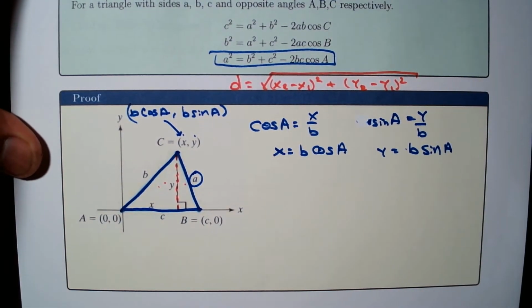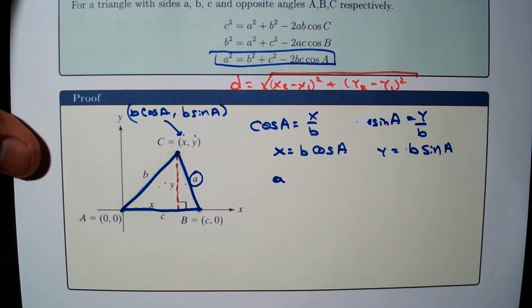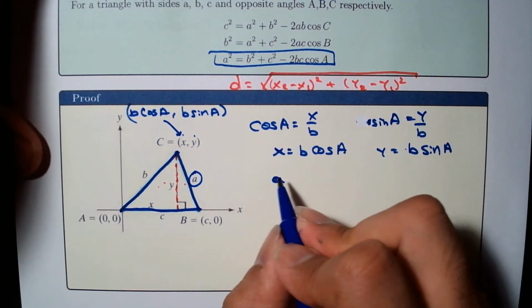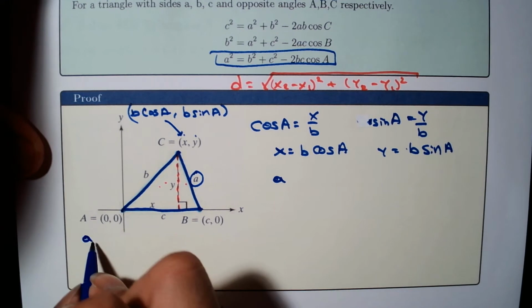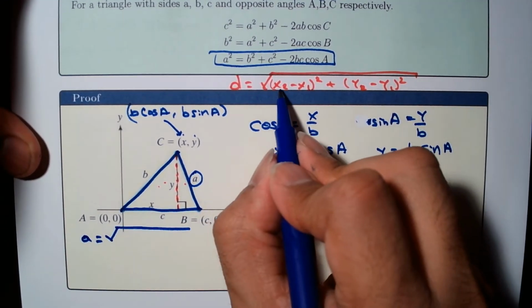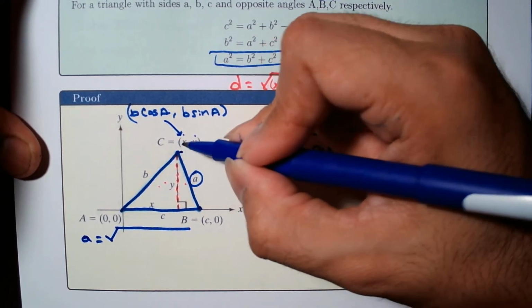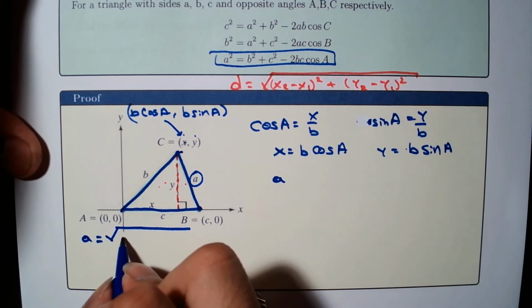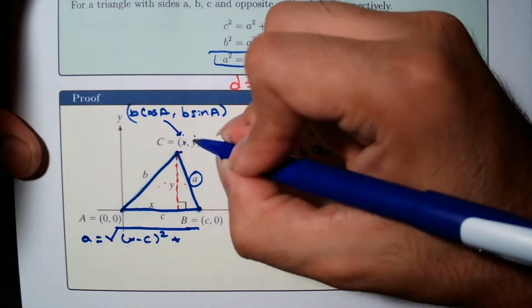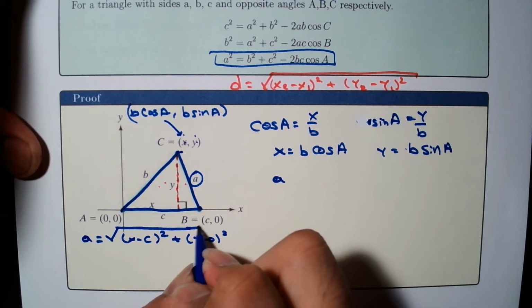Adapted to our letters, our d is going to be the letter a. So a equals the square root of (x minus c) squared plus (y minus 0) squared.